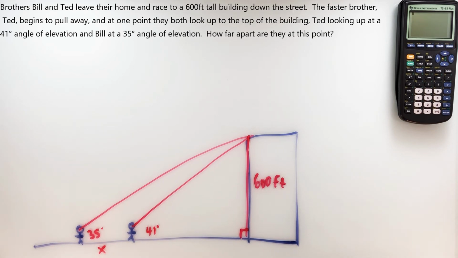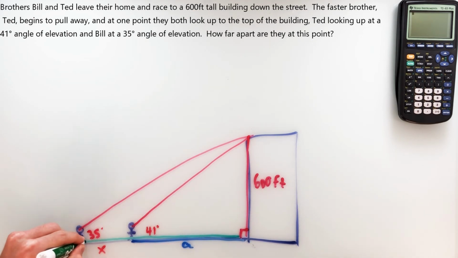Okay, so again, if I can find this distance here, which I'm going to call distance A, and I can find this distance here, which I'm going to call B. Okay, the difference between those two values is going to be the distance those two brothers are apart.